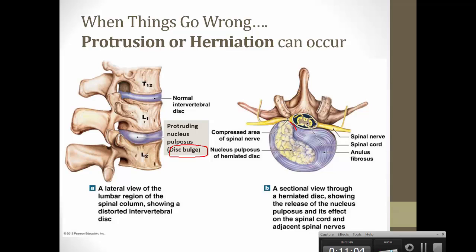So if we suppose that there is still a very small thin rim of the annulus fibrosus that did not break yet, and the nucleus pulposus is pushing through that very thin rim without completely protruding outside, then we will call this disc bulge. So this is the difference between the disc bulge and disc herniation.